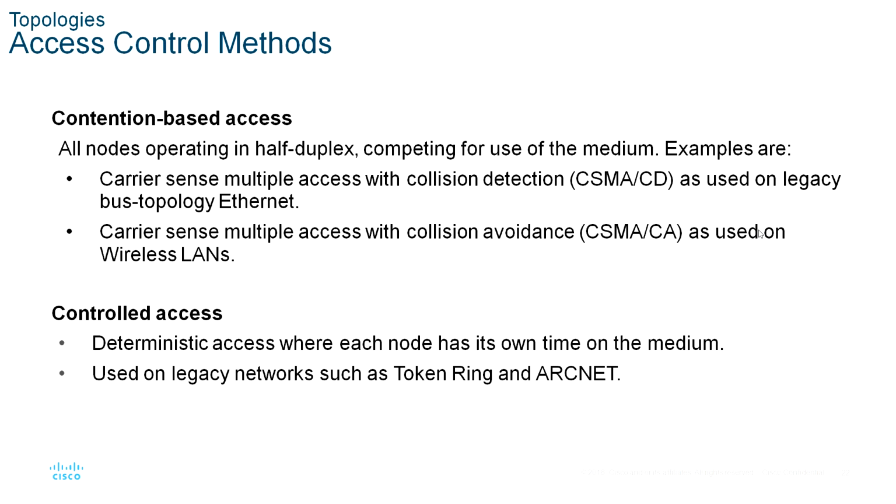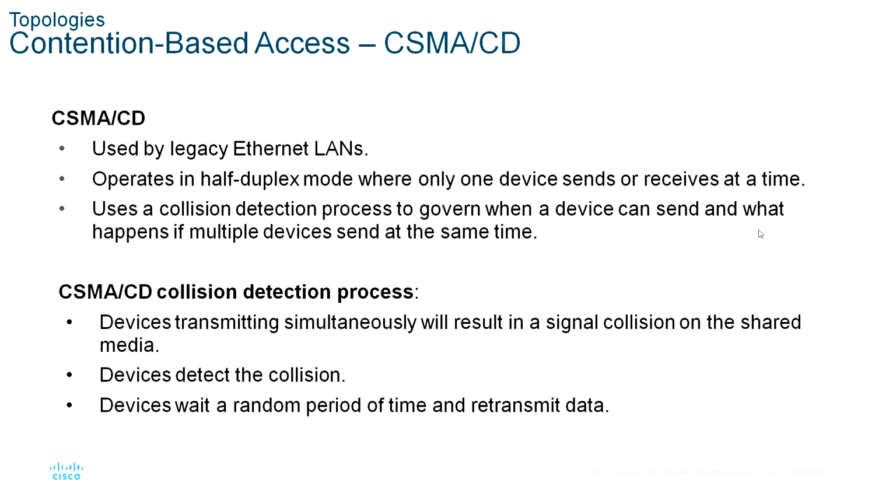Examples of multi-access networks that use controlled access include the following: legacy token ring and legacy ARCNet. This is the token ring network.